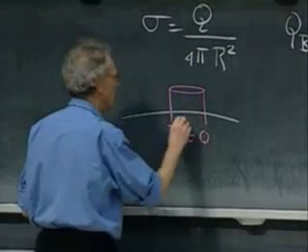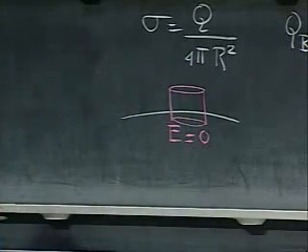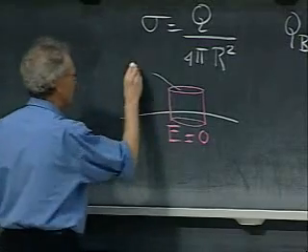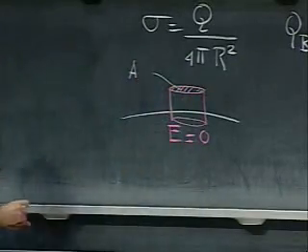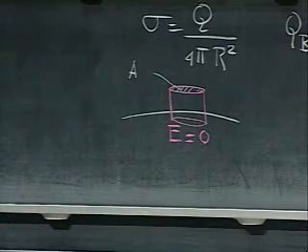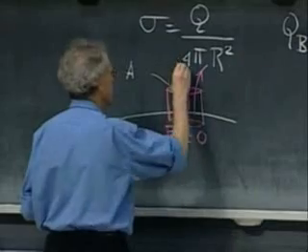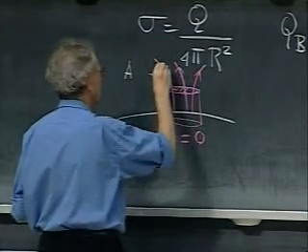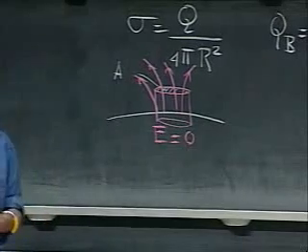I go in the conductor, and this now is my Gaussian surface. Let this area be capital A. And let's assume that it is positive charge, so that the electric field lines come out of the surface like so, perpendicular to the surface, always perpendicular to equipotential.